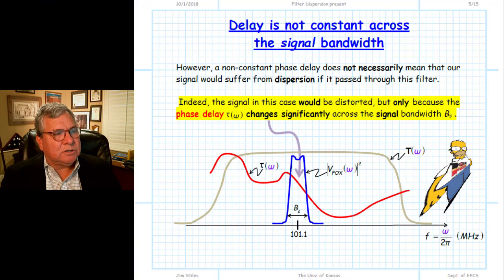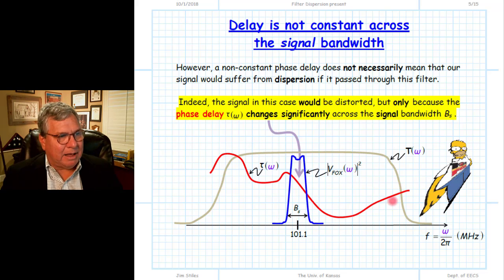It's important, however, to note that the reason that we have distortion due to signal dispersion is not because the phase delay of the filter changes as a function of frequency across the bandwidth of the filter. The problem is that the phase delay changes as a function of frequency across the bandwidth of the signal. The signal itself cares not at all about what happens with the phase delay out here at higher frequencies or back here at lower frequencies.